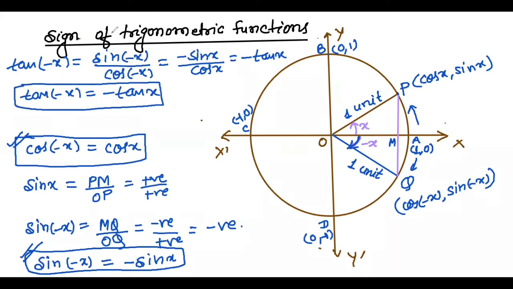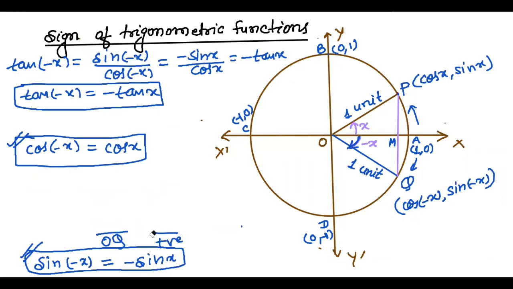Then we can find for cosec, sec and cot. First of all, we'll find cot of minus x. We know this equals 1 by tan of minus x, and tan of minus x is minus tan x.